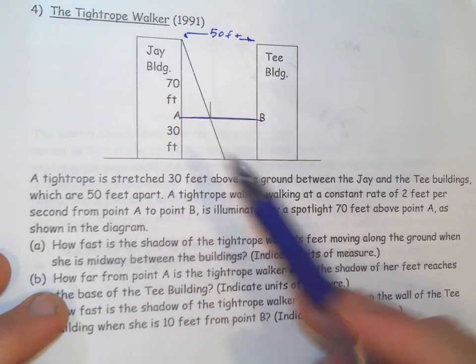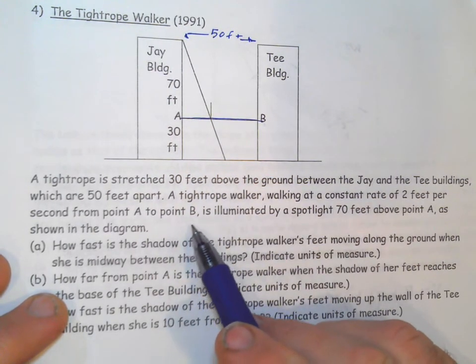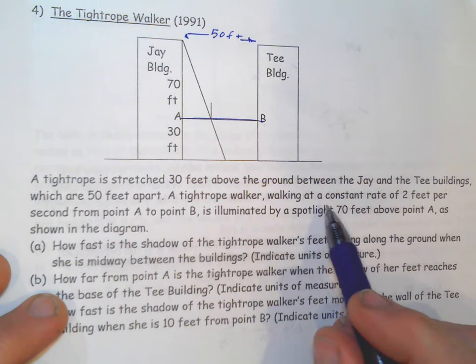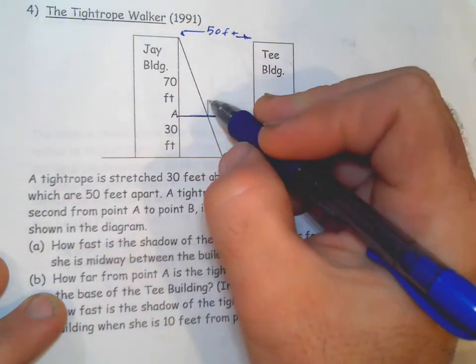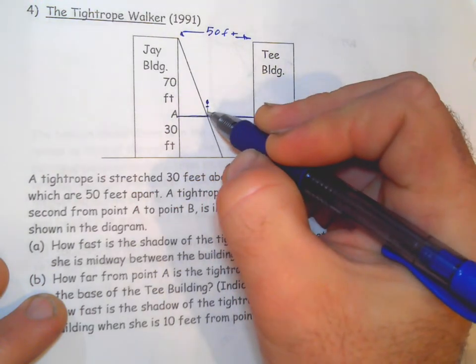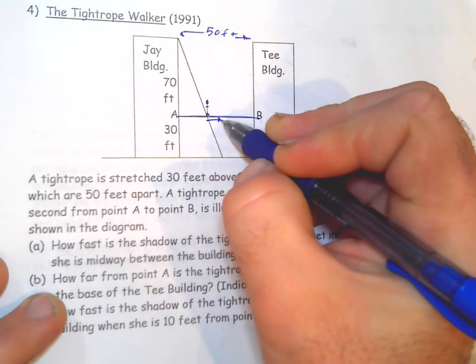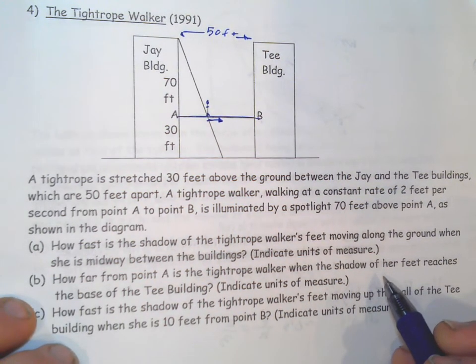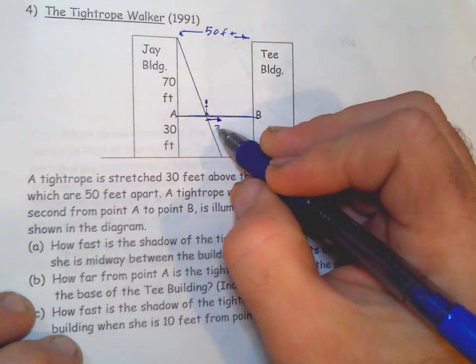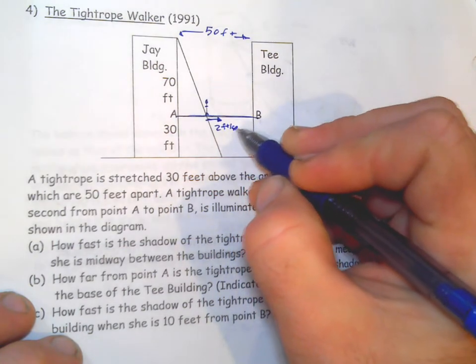This is always 70. Tightrope walker walking at a constant rate of 2 feet per second from point A to point B. So the tightrope walker right here, very simple, is moving in this direction, right, from A to B, and they give you a rate that you probably put on there. I mean, we can just do it right now, 2 feet per second.